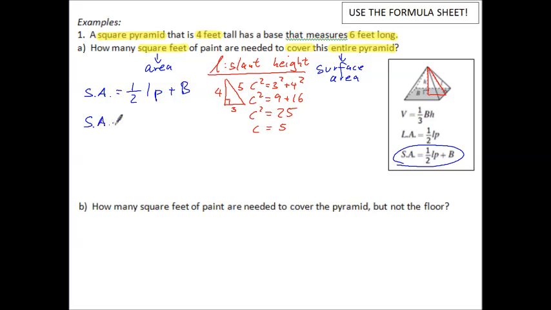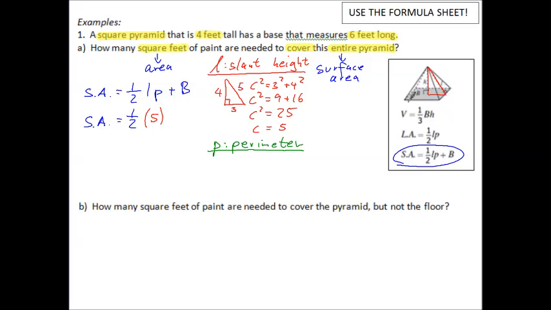The surface area is equal to 1/2 times the slant height, which is 5. Next we need P, and P stands for the perimeter of the base. And the perimeter is, of course, when we add all the sides around the base. We know that the base measures 6 feet by 6 feet. It's a square, so all sides have the same length.